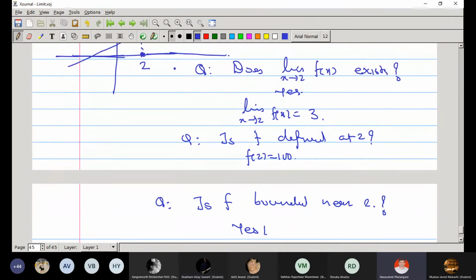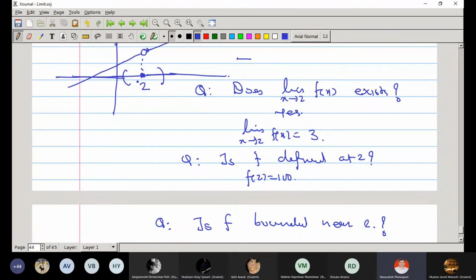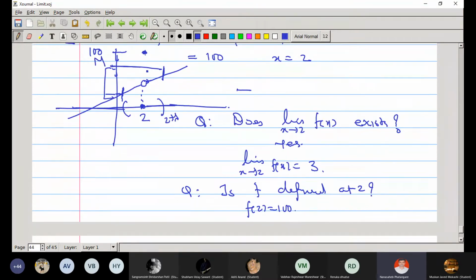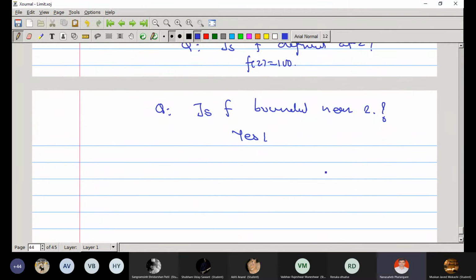If you choose any neighborhood around 2, definitely the function is bounded. If you look at the deleted neighborhood, the function is bounded by some number, say the value at 2 plus delta. So the function is bounded near 2, it is true, because |f(x)| is less than or equal to some M for all x in the deleted delta neighborhood of 2.